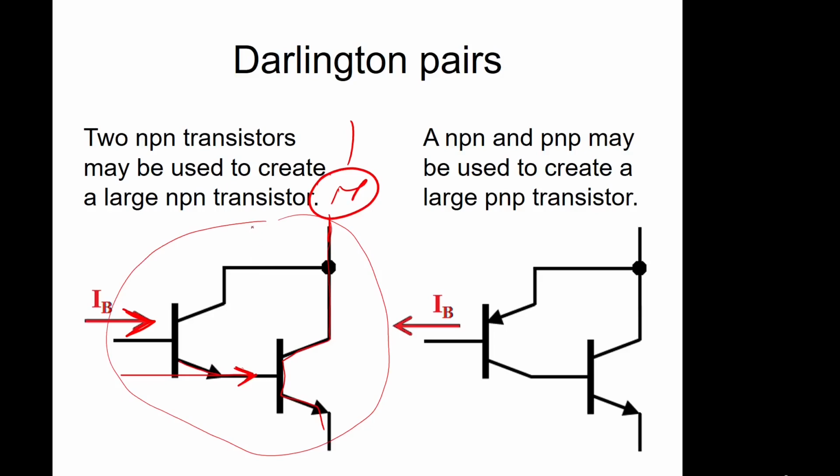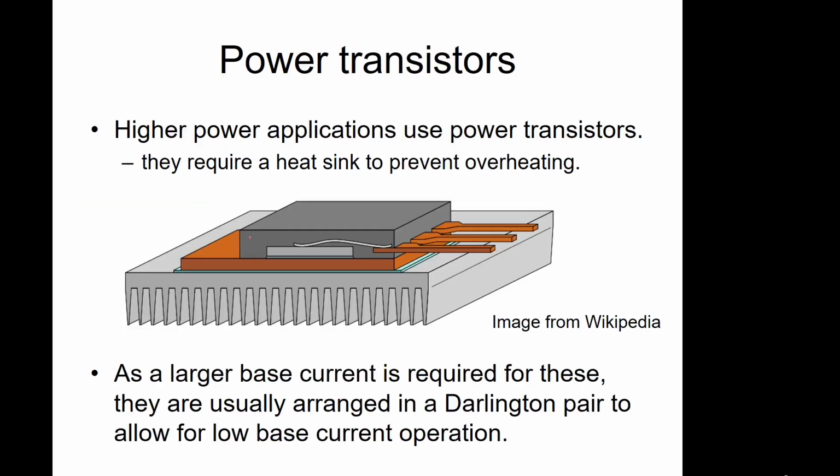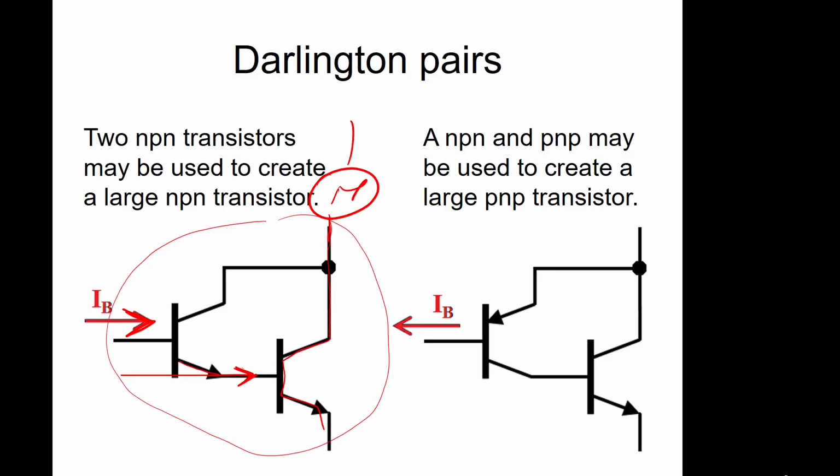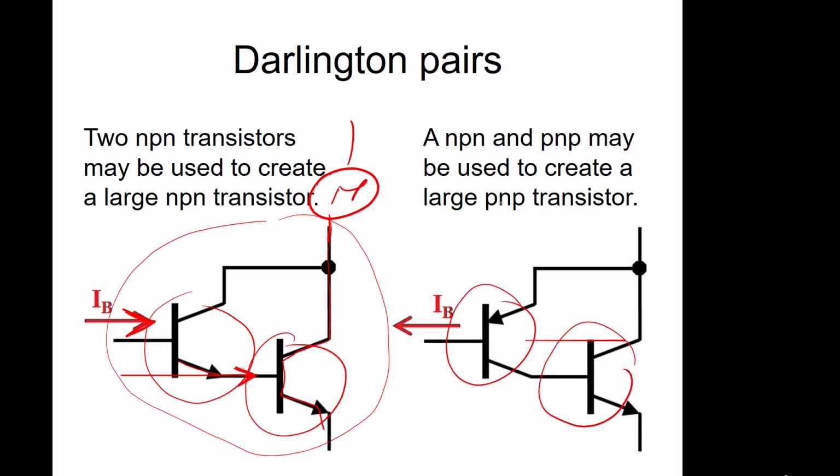So this is your power transistor arrangement, where you're using multiple transistors to amplify the current to get enough current through. So that is your NPN, where you've got two NPN transistors connected. You've got a PNP arrangement here, where you've got one PNP and the other one is an NPN, to lead to a PNP power transistor.